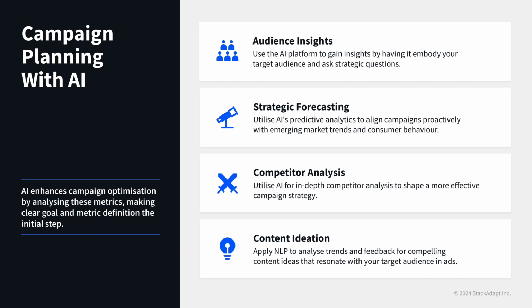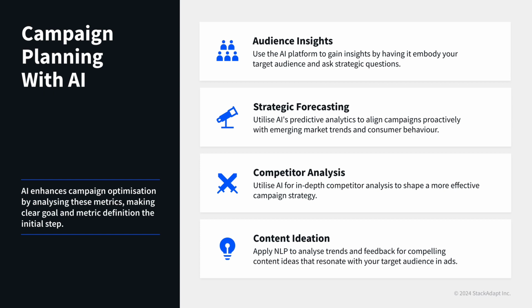So how AI can support us is like defining our audience. AI can provide us with strategic insights to target a specific audience in a more precise way. Strategic forecasting, where we can leverage certain analytics to align the trends with our advertising activity.